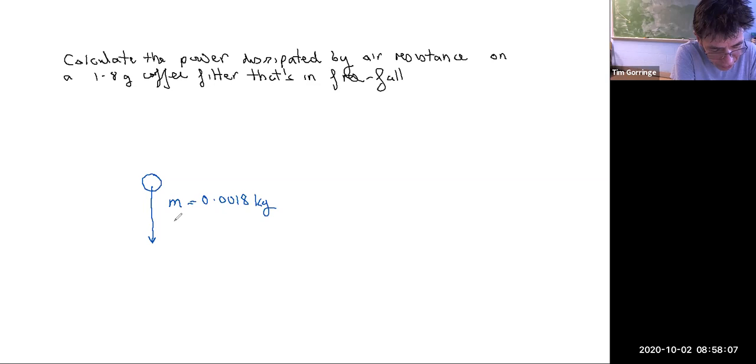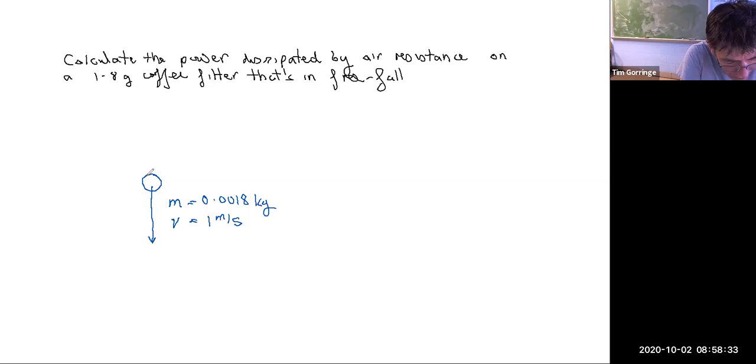And its velocity, we're told, is 1 meter per second. That's the terminal velocity. And actually, you saw that in the demonstration. You saw the coffee filter fall about a meter, and you saw that it took about a second. So that's a meter per second. So we actually measured that. Okay, so that's the information we're given.